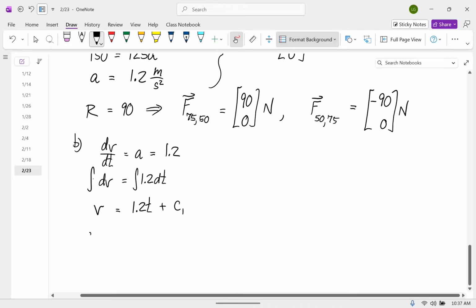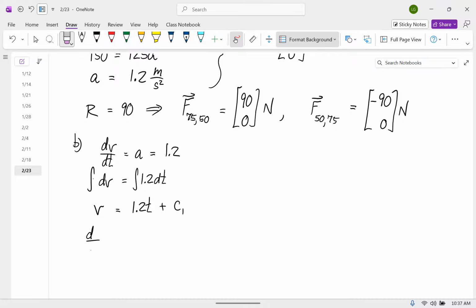So now dp dt, or dx dt, is equal to 1.2 t plus c1.